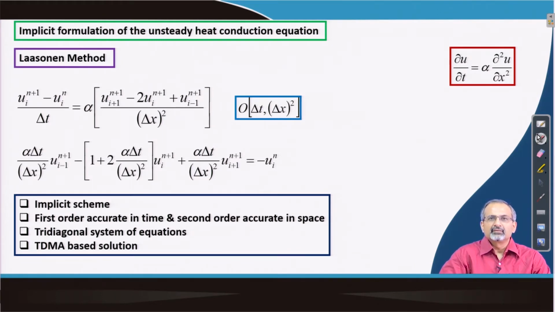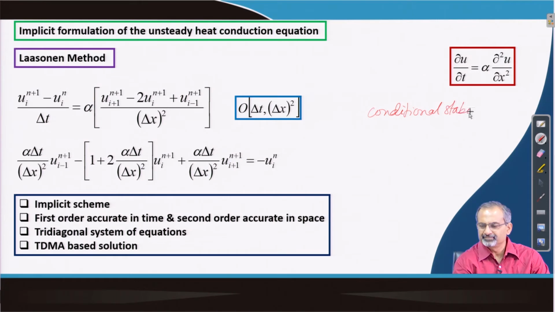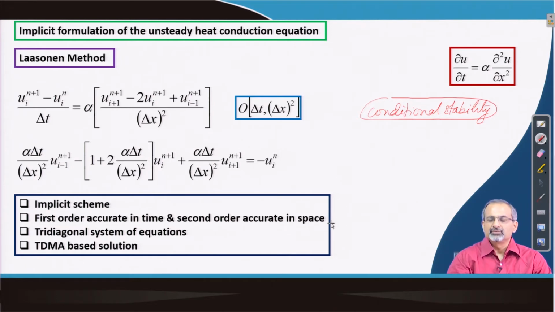We remember that when we discussed the FTCS scheme, we came up with a so called conditional stability. So, there was a certain condition that we derived which would need to be followed in order to keep the computations stable and finally give us meaningful results.